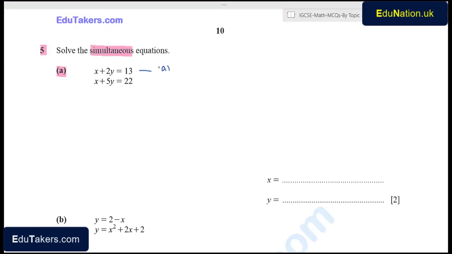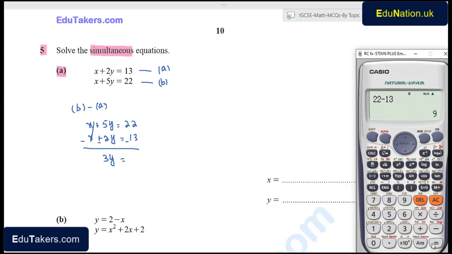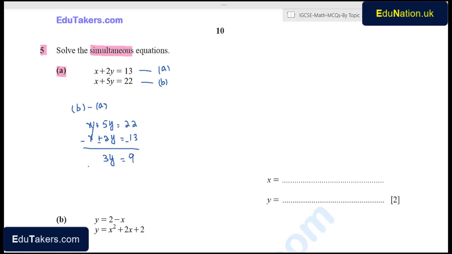Let's say this equation is A and this is equation B. Then subtracting A from B, the x terms will cancel, and 5 − 2 is 3 and 22 − 13 is 9. So 3y = 9, then y = 9/3, so y = 3.